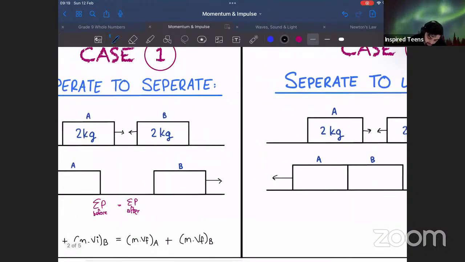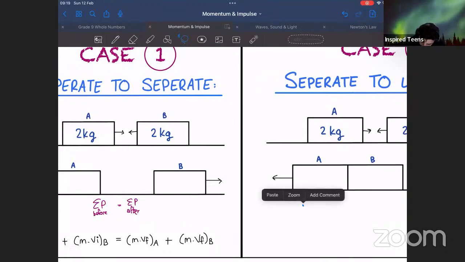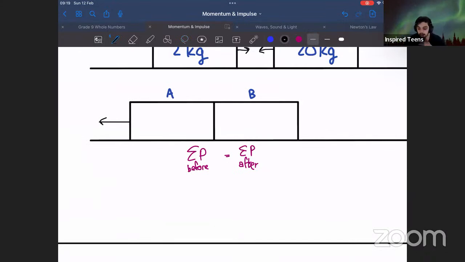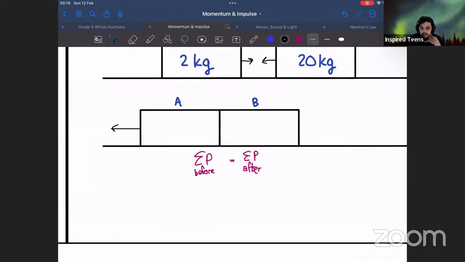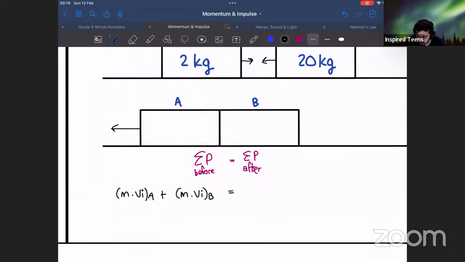Let's talk about separate to united. So again, we have this same concept because it's all linear momentum, where the sum of the momentum before is going to be equal to the sum of the momentum afterwards. Just to simplify the formulas, because initially they are separate, I will have two separate momentum calculations, mass times velocity initial for A plus mass times velocity initial for B. But now, because afterwards they are together, they have the combined mass, but they have one velocity because they are moving together.